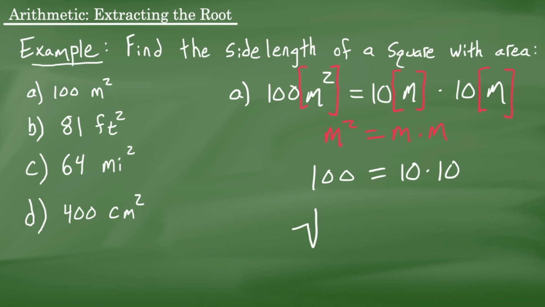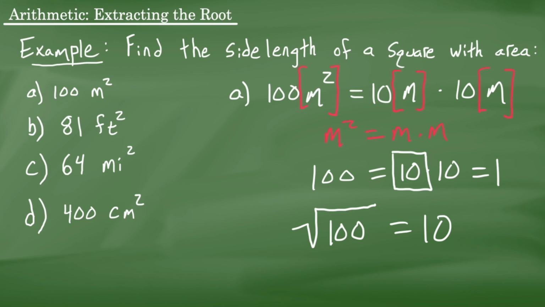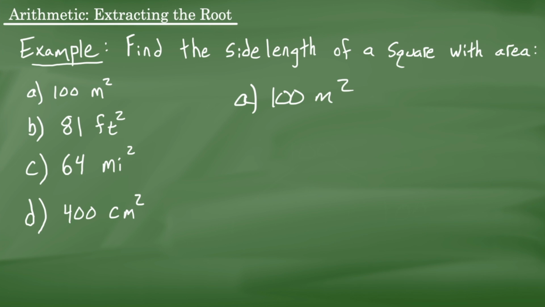Therefore, the square root of 100 would only be one of the two, 10. Because the square root takes a power and asks, what is the base? 10.